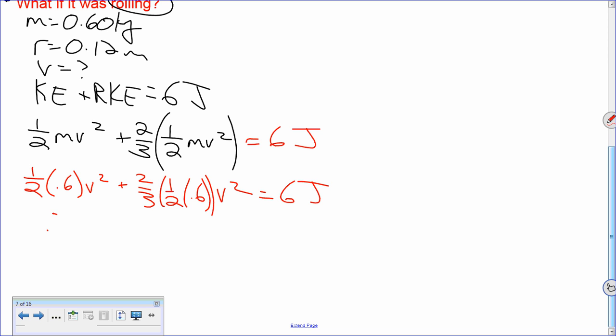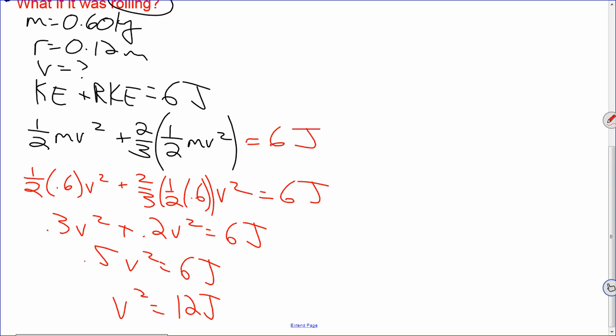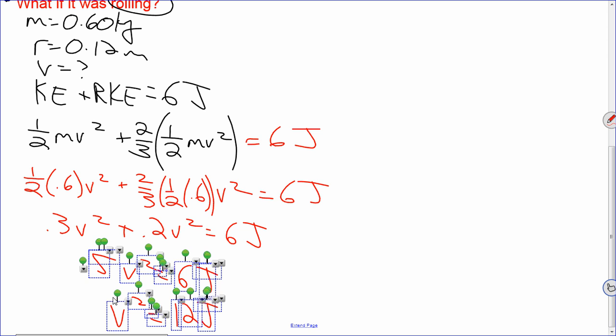So this gives you 0.3 v squared plus, 1/3 of 0.6 is 0.2 v squared, equals 6 joules. So you get 0.5 v squared equals 6 joules. V squared equals 12 joules. Oh, wait a minute, my units got funny. What did I do? Oh, because I divided by 0.5, so it's not joules anymore.